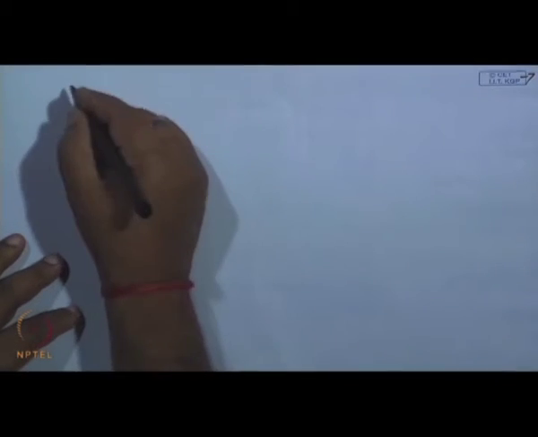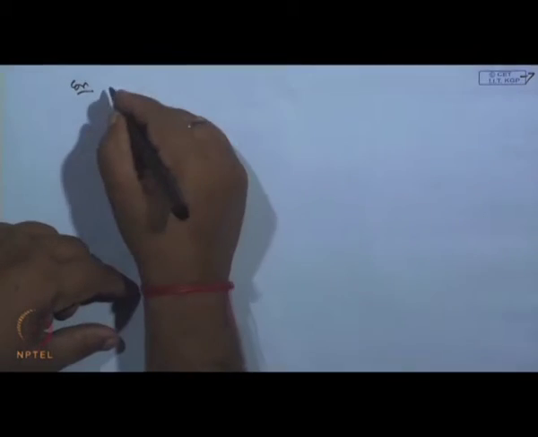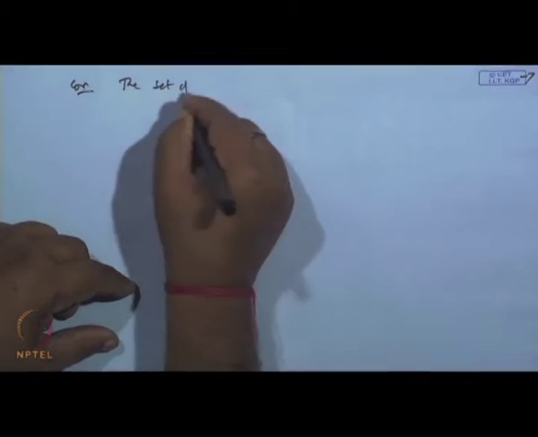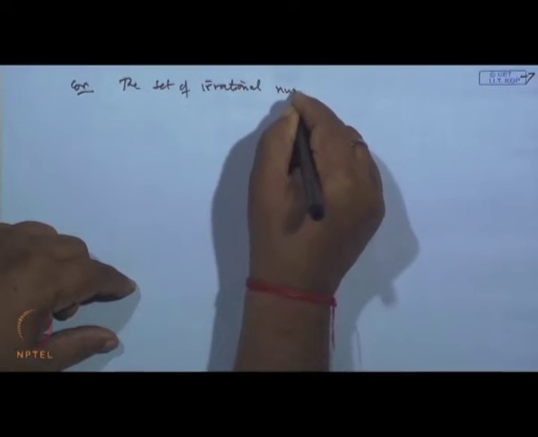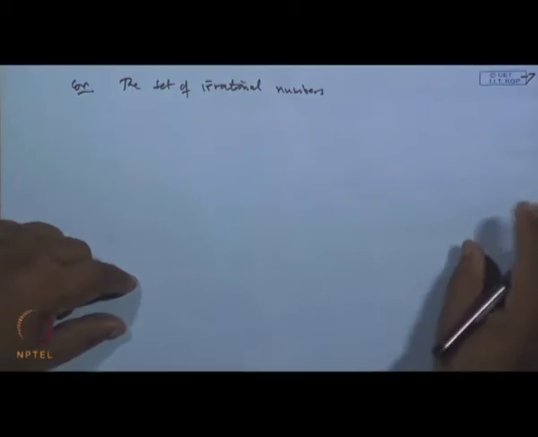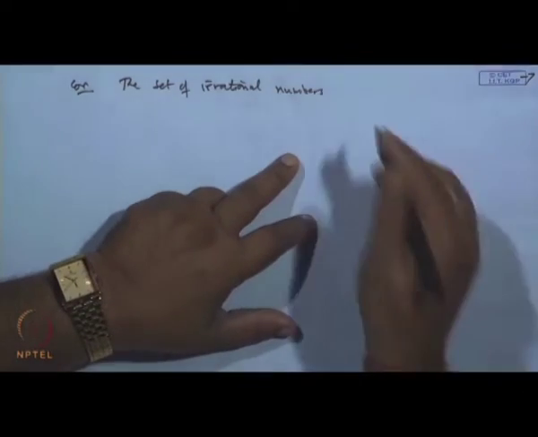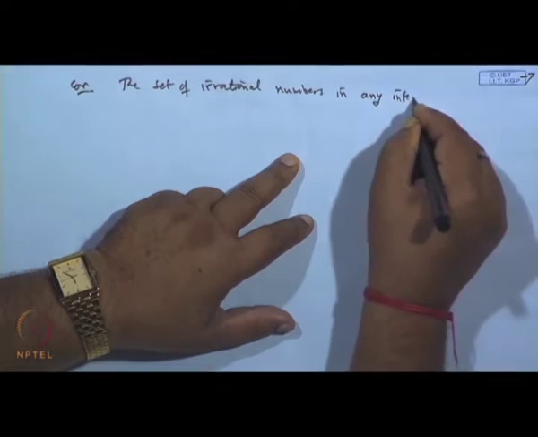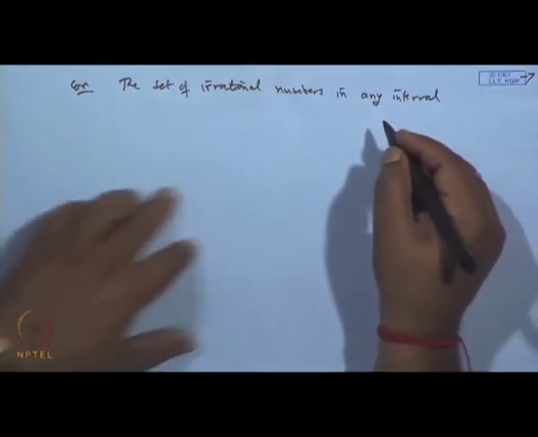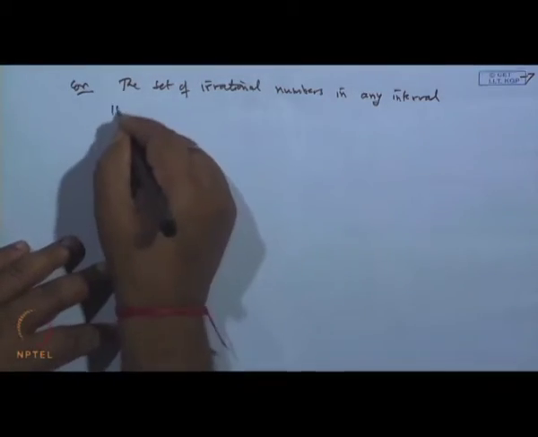As a corollary of this, we can prove that the set of irrational numbers in any interval is not countable.